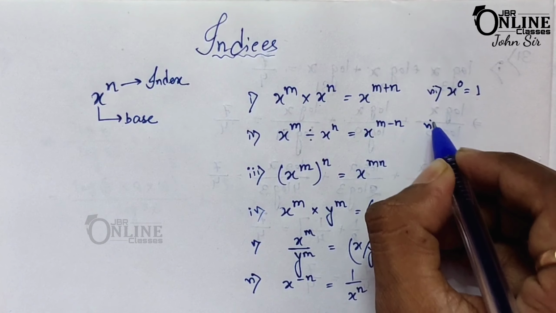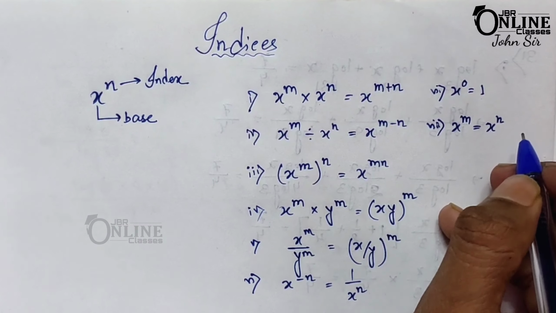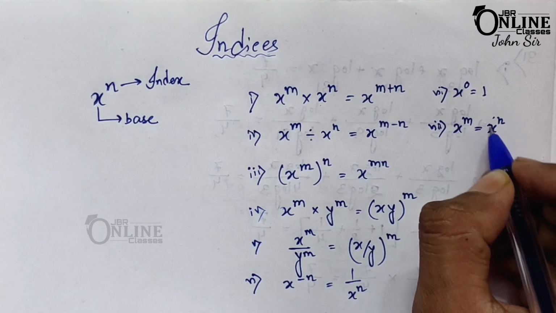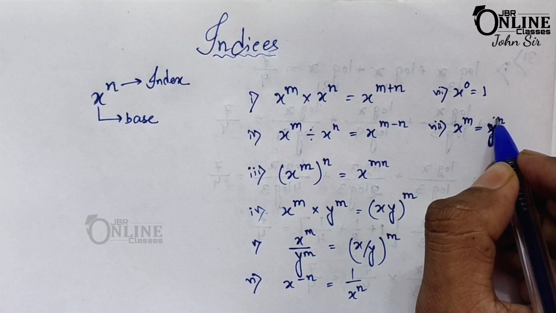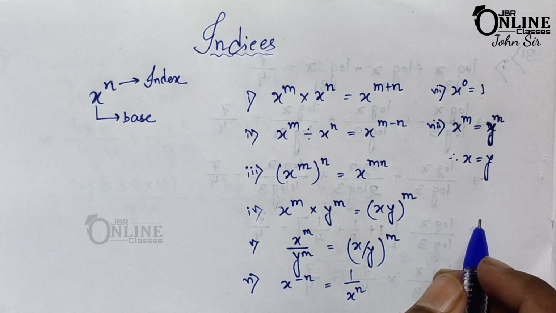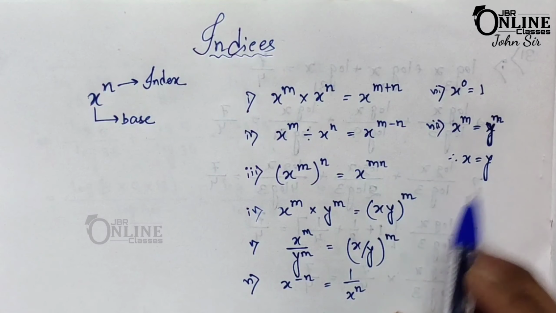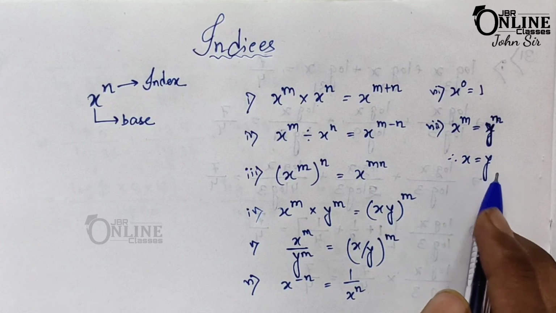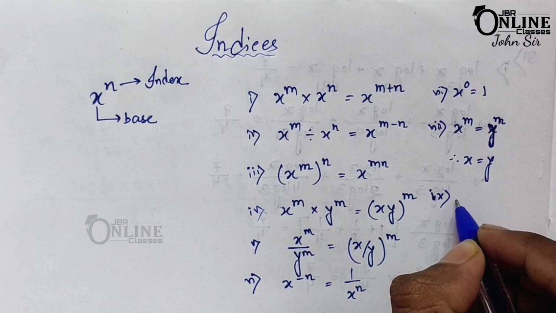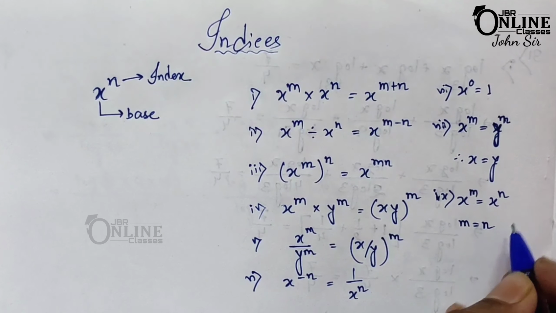And now next, number 8: if x to the power m equals y to the power m, then x equals y. Clear? As well as number 9: if x to the power m equals x to the power n, then m equals n.